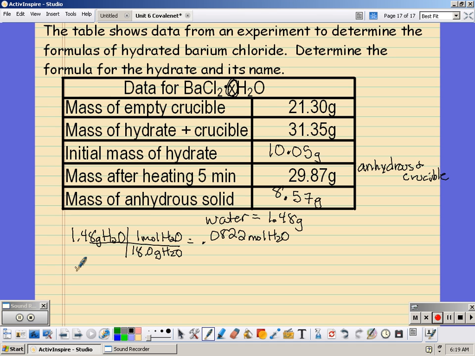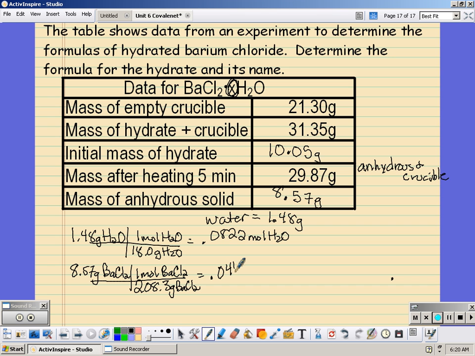Now the compound without water would be barium chloride. So for 1 mole of barium chloride, we'll need to find the molar mass. So barium has a mass of 137.3, plus we have 2 chlorine, so 2 times 35.5, and it has a molar mass of 208.3. And we get 0.0411 moles.